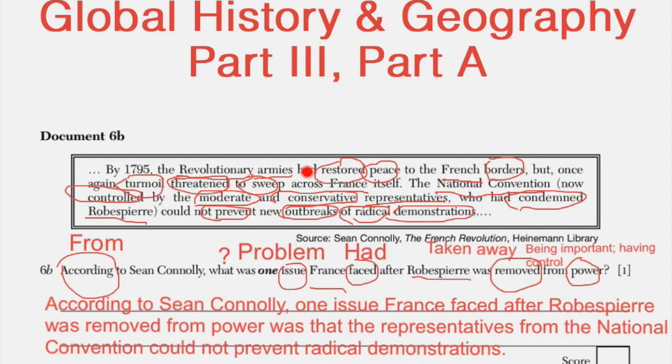I needed to understand the question and the text in order to be able to answer this. If I want more points, I would need to use outside information about the French Revolution and Robespierre. This gives you an idea of how to begin to answer these questions using annotation.